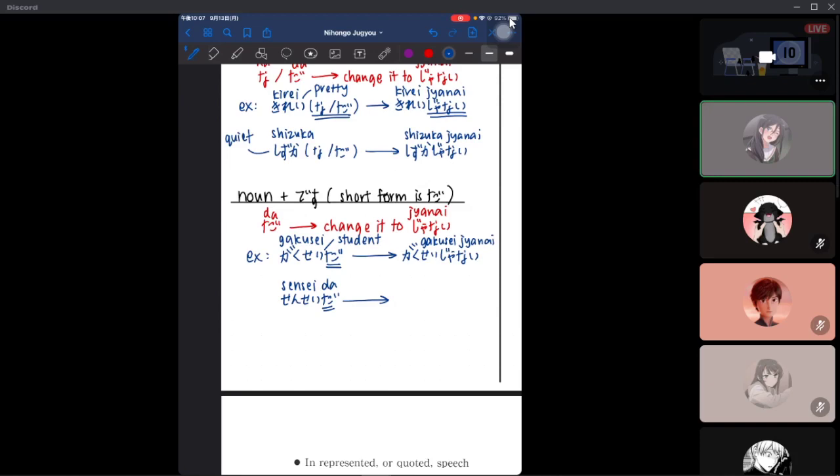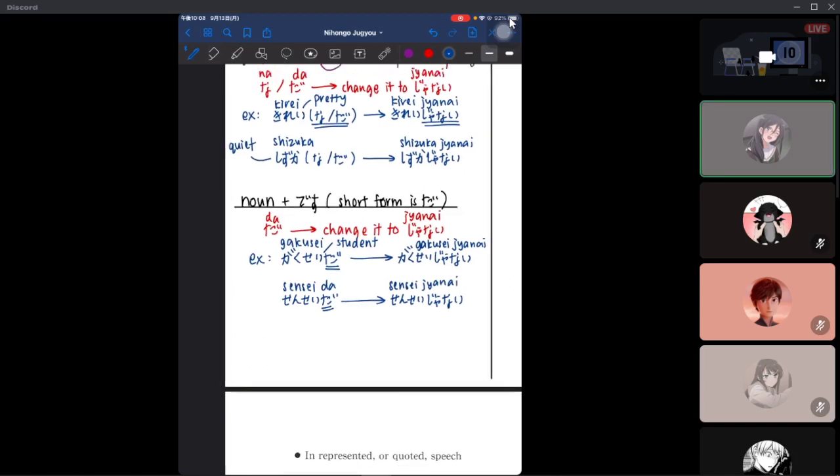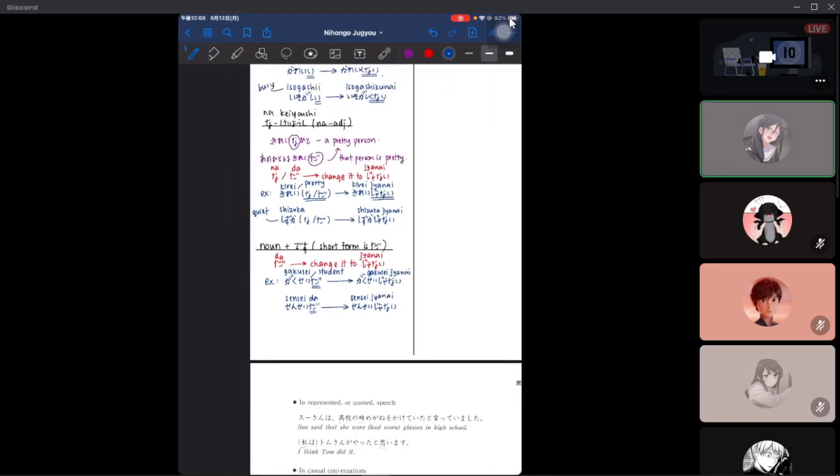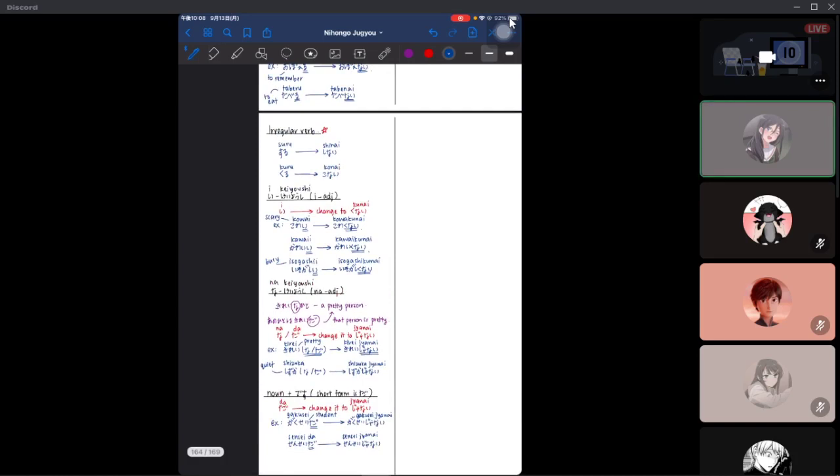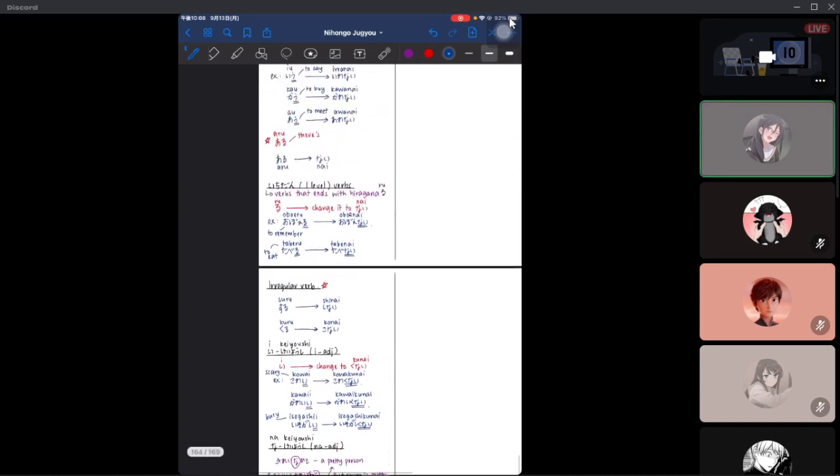So that is basically how you change from present tense affirmative to negative. This one is only for present tense.